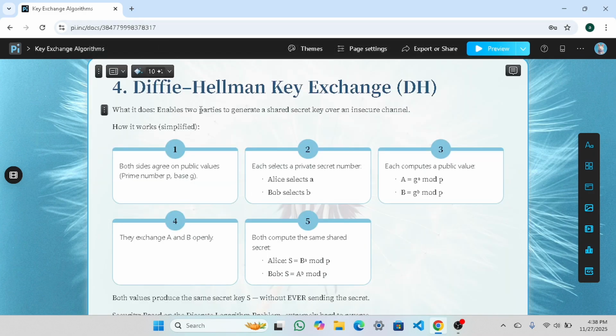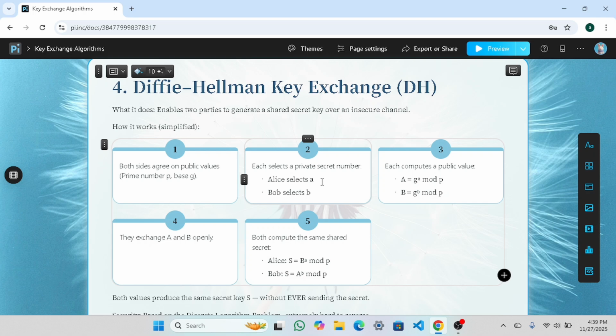Then we will go through the first one, Diffie-Hellman key exchange. How you pronounce it is up to you. What it does: it enables two parties to generate a shared secret key over an insecure channel. How does it work? First, the setup: both agree on public values like a prime number P and a base G. Then each selects a private secret number.